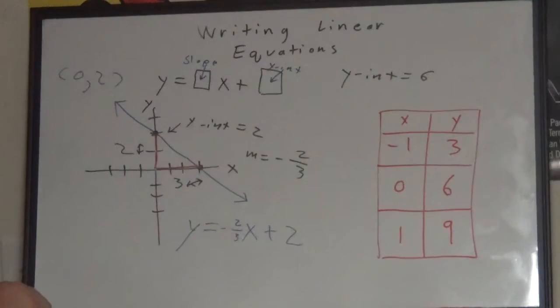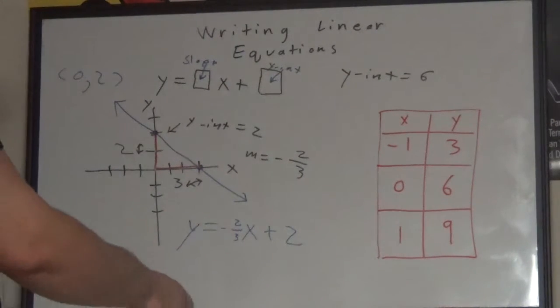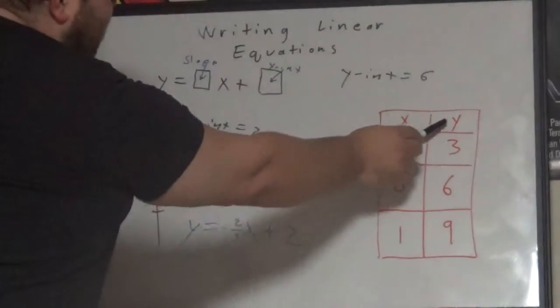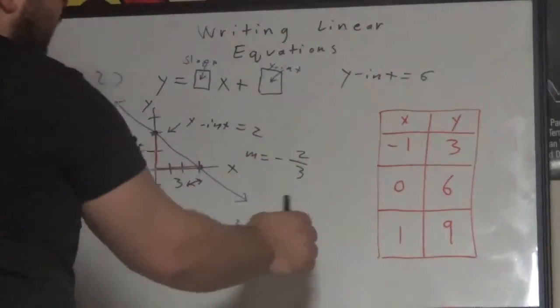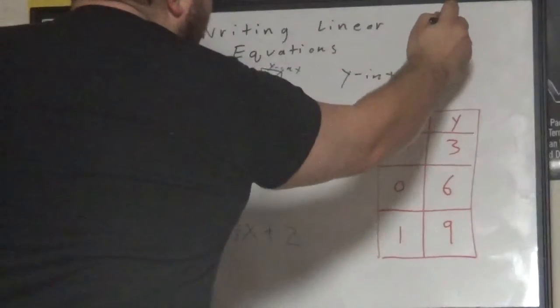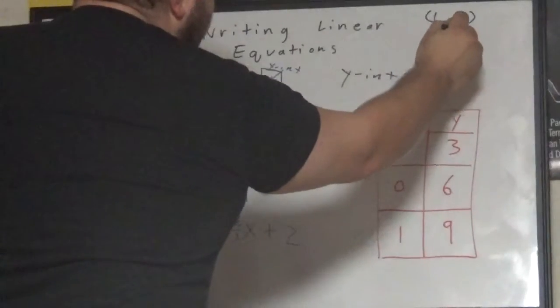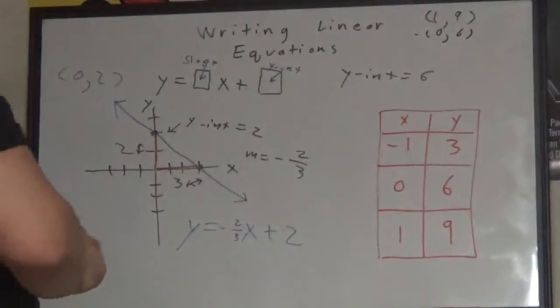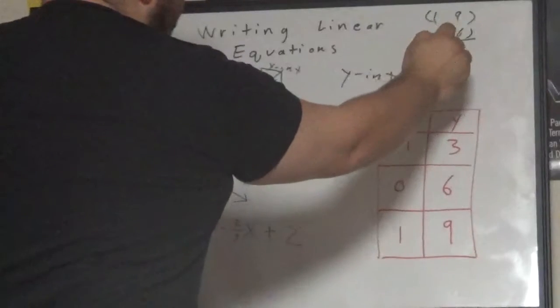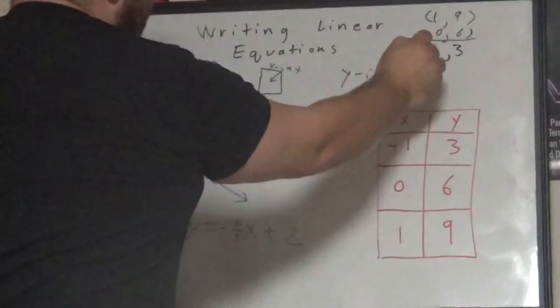What about the slope? Well, the slope, we could find this in a couple of ways. One way we could do it is to, remember, these are points. We have our x's and our y's. We could do something like put (1, 9), (0, 6), and subtract. 9 minus 6 is 3. 1 minus 0 is 1.